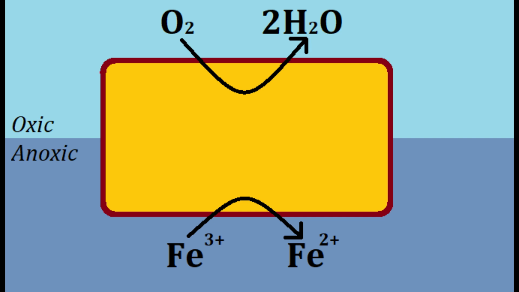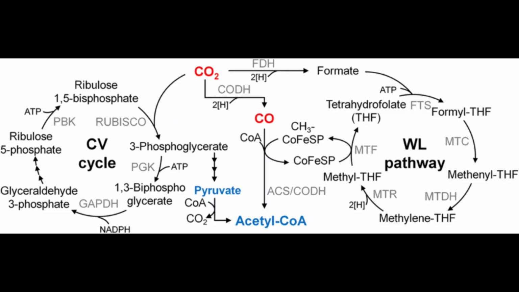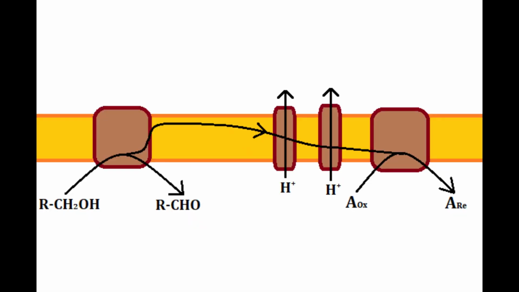A major difference between aerobic and anaerobic prokaryotes is that aerobes use the TCA cycle to completely oxidize carbon with a wide variety of pathways that break down organic matter and bind it to coenzyme A, forming acetyl-CoA to be funneled into the cycle. Conversely, anaerobic respirers will just have an assortment of enzymes which partially oxidize certain organic molecules and pass the electrons down the ETC to an inorganic electron acceptor.